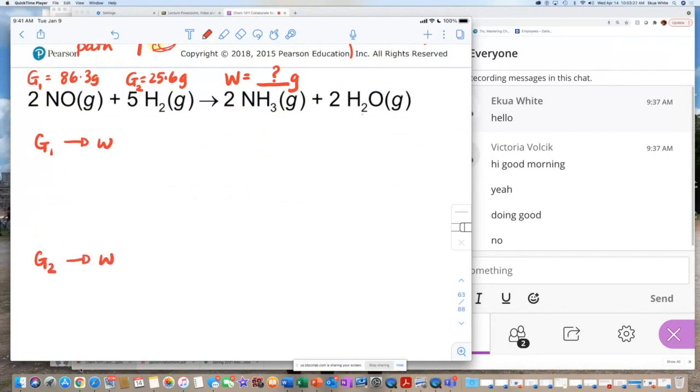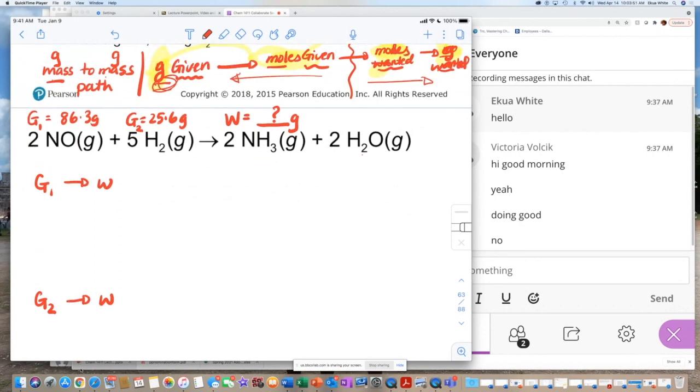Because remember I told you, the stoichiometry path that we use only requires two players, the given and the wanted. So you cannot combine both givens in one equation. I've seen students do funny things. I'm like, y'all, one given. So since you have more than one given, split up the work and do the work twice, each time with one of the two givens.